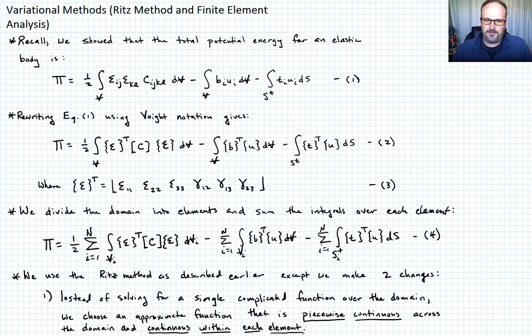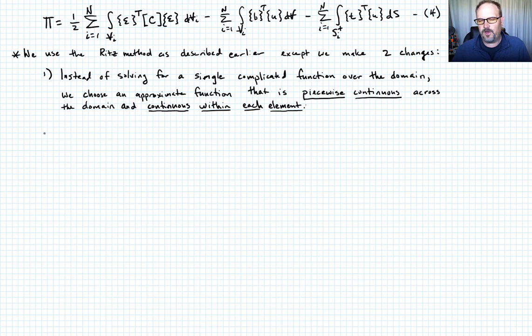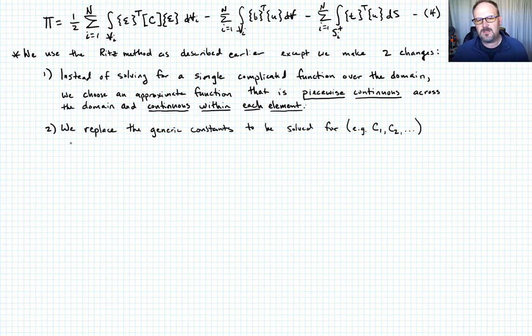Okay, let's jump to the second change we're going to make. Number 2, we're going to replace the generic constants that we used, like C1, C2, and C3 that we tried to solve for earlier, with the nodal degrees of freedom of our elements.